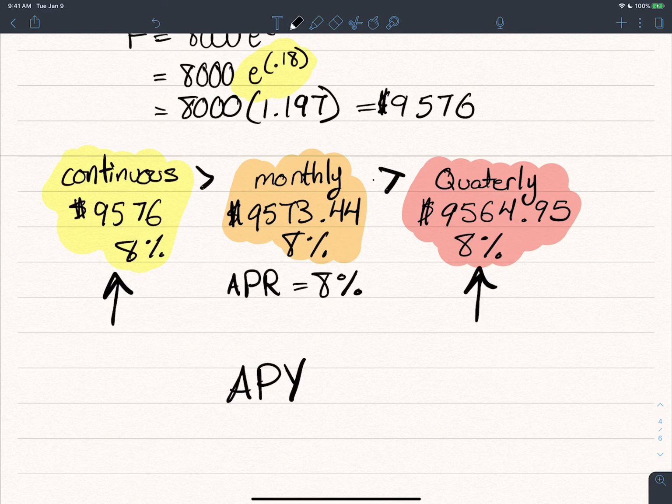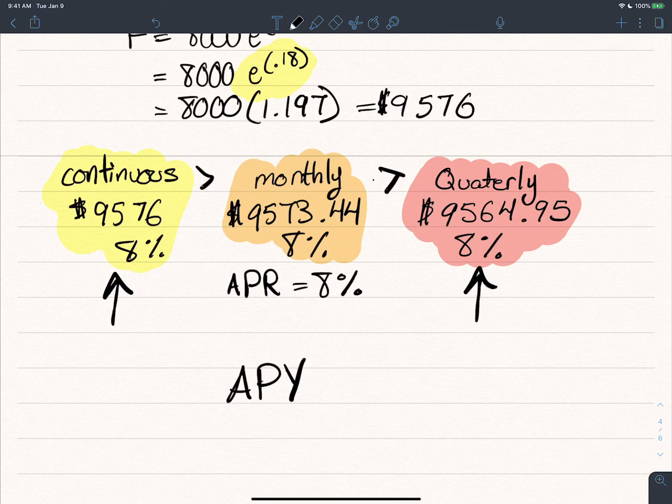But the APY is different for each of them. So the APR for each of these is 8%. But because they're obviously not giving us the same amount, we know the APY, or the actual interest rate, will be different. And basically the APY can be one of two things.